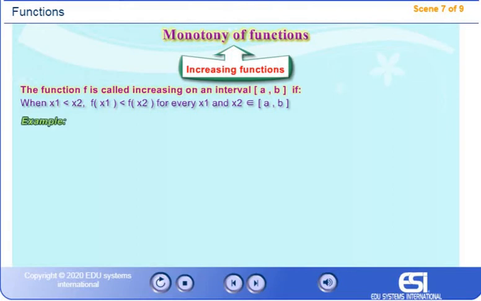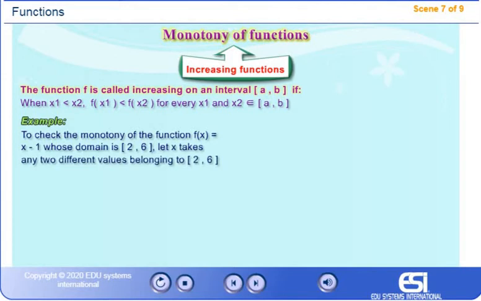Example. To check the monotony of the function f of x equals x minus 1, whose domain is the closed interval [2, 6]. Let x take any two different values belonging to the closed interval [2, 6], like 3 and 5. f of 3 equals 3 minus 1 equals 2, and f of 5 equals 5 minus 1 equals 4.